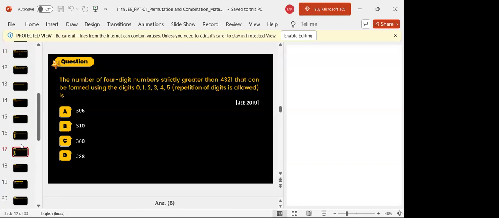The number of 4-digit numbers strictly greater than 4321, just listen to it, more than 4321, that can be formed using the digits 0, 1, 2, 3, 4, 5. Repetition of digits is allowed. Now you can go ahead.